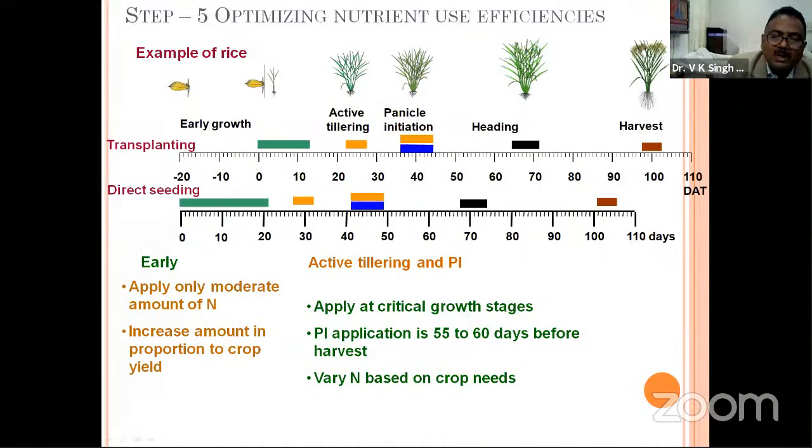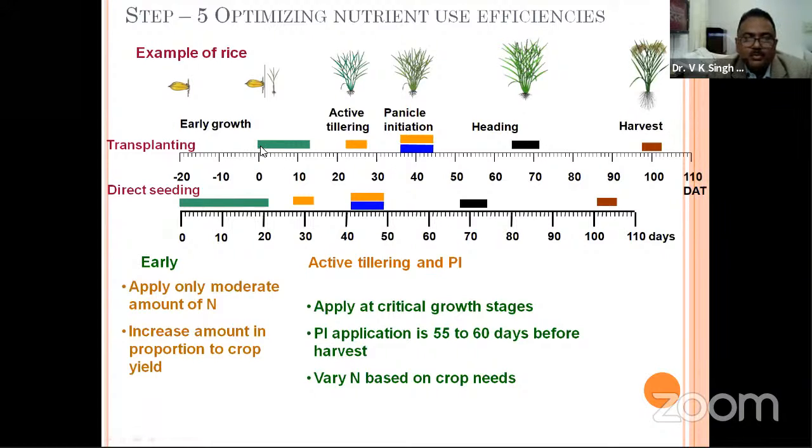I just put one slide regarding transplanted rice and direct seeded rice. We find from 0 to 15 days there is no need of nitrogen. But active tillering, panicle initiation, and heading are the important stages where we have to apply. Nitrogen has to be applied at active tillering, panicle initiation, and heading, but potassium is required at the time of heading.